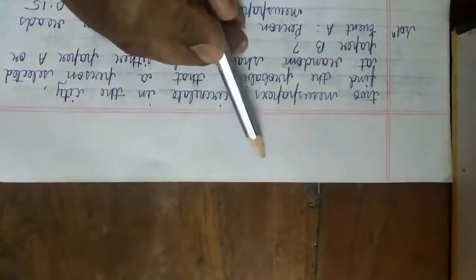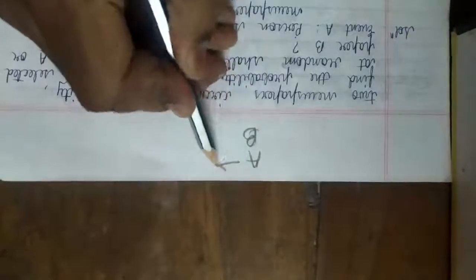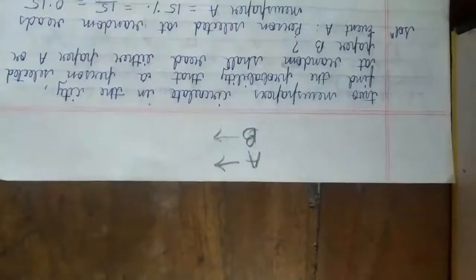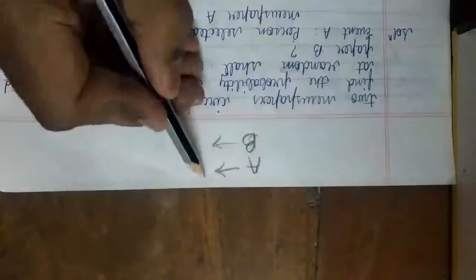So what they have asked here is, there are two newspapers, A and B, and only these two are circulated in the city. Now, out of this, how many people read newspaper A? They have said that it is 15%.